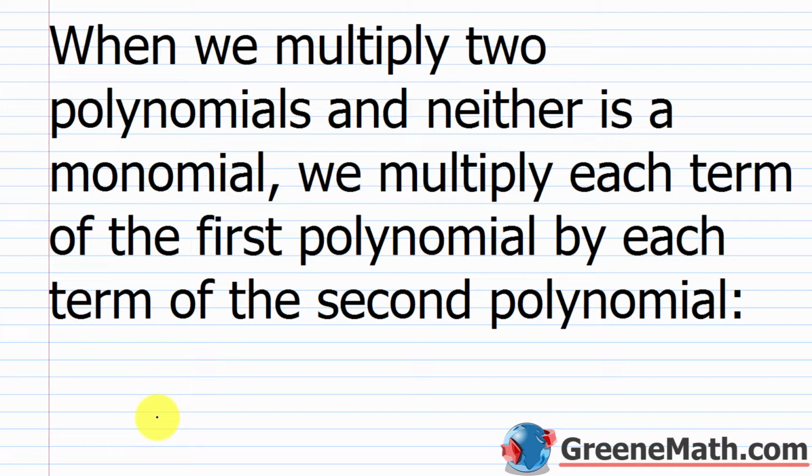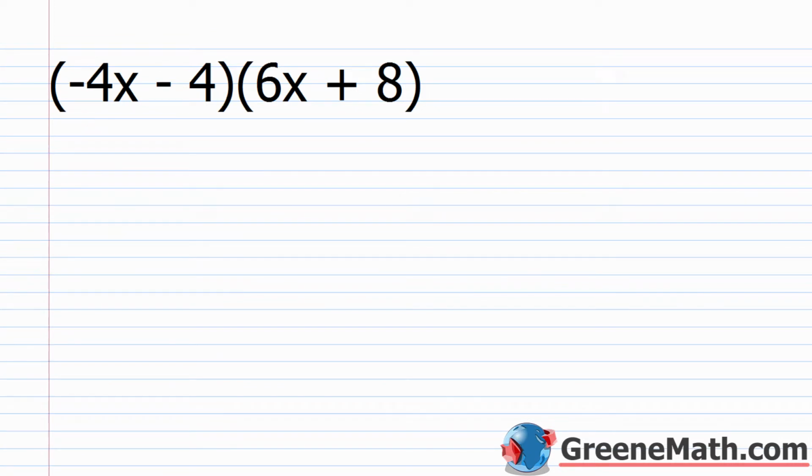Now, when we multiply two polynomials, and neither is a monomial, we multiply each term of the first polynomial by each term of the second polynomial. So let me show you that. So let's say we have something like negative 4x minus 4, and we're multiplying this by 6x plus 8.